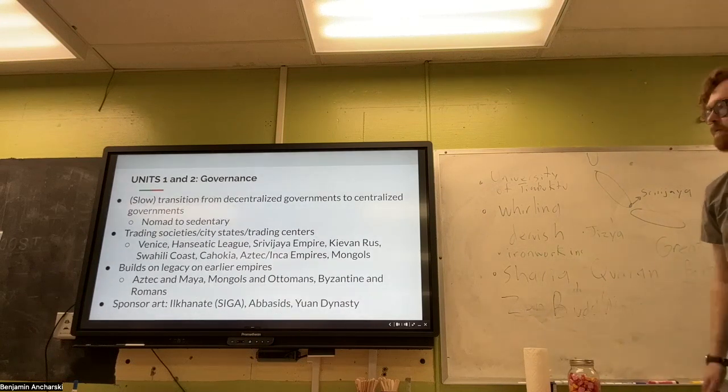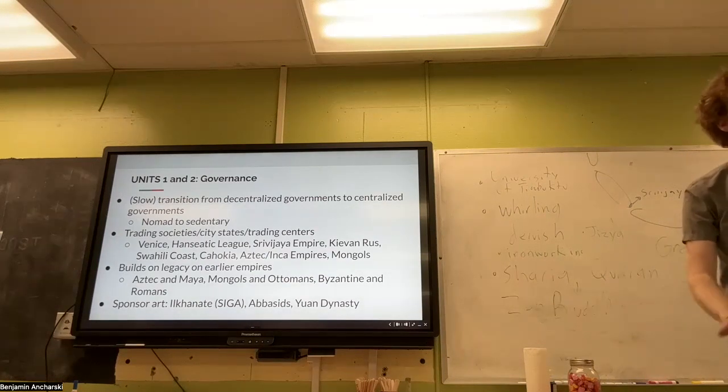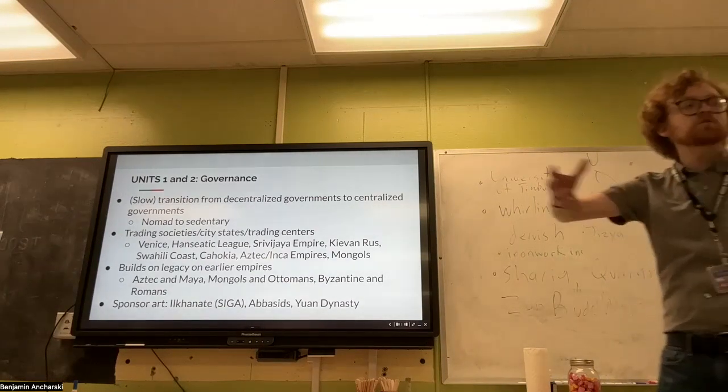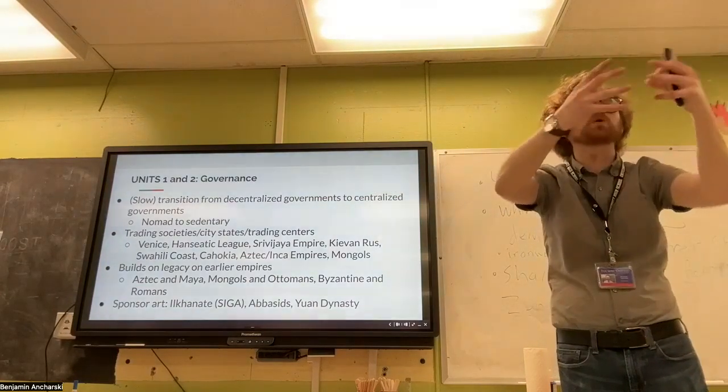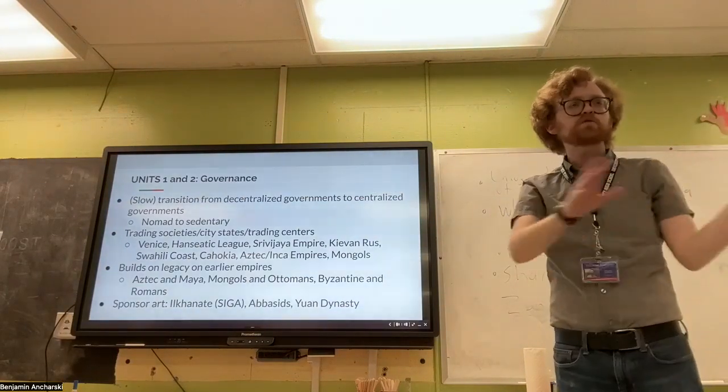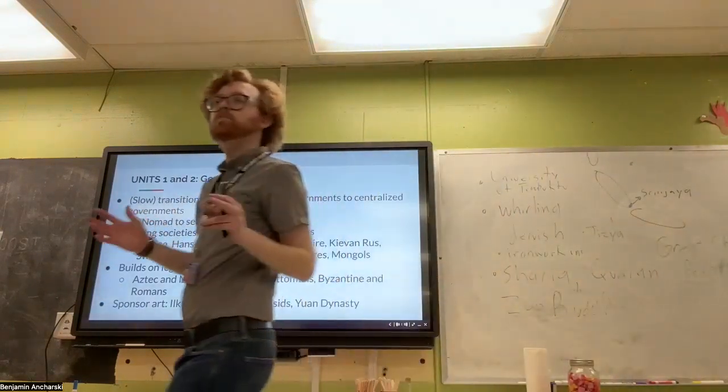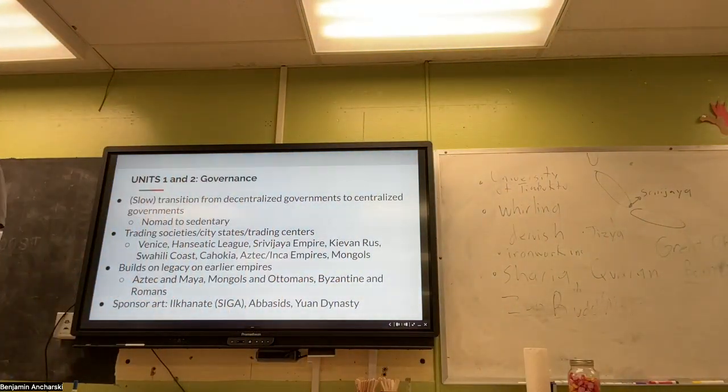Awesome. Governance. The general trend of Unit 1 is decentralization. Decentralization is the idea of a less organized political society. Because before this time period, we had big land-based empires like the Romans, like the Han Dynasty in China.